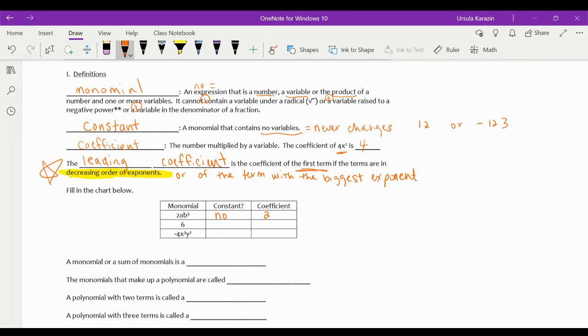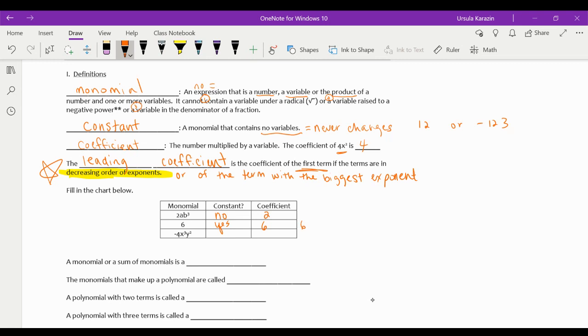All right, let's look at the next row. 6. Is that a constant? Does it have any variables? Doesn't have any variables, so that means it never changes. So yes, it is a constant. Okay? The coefficient is actually the 6. Coefficient is being multiplied by a variable, but the variable is going to be equal to 1, right?